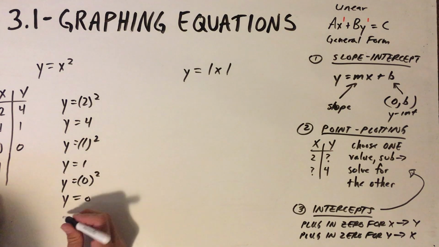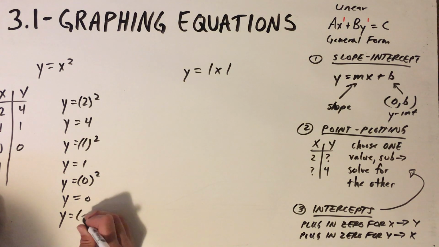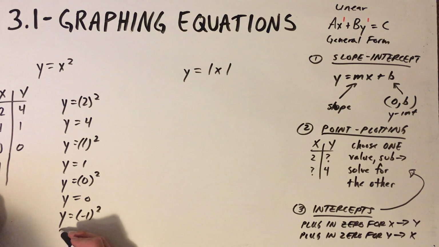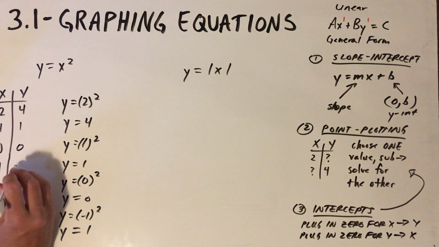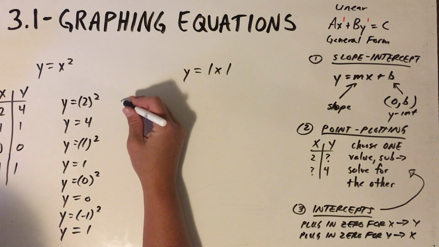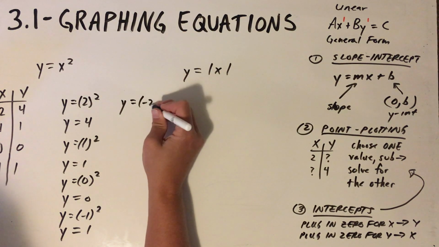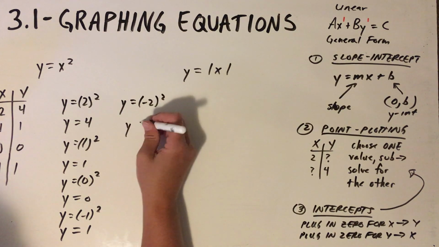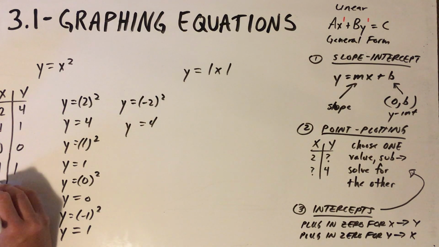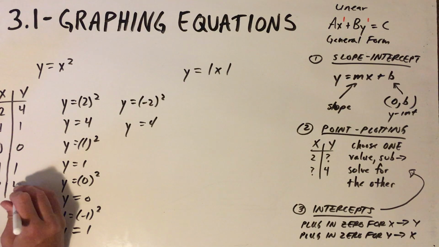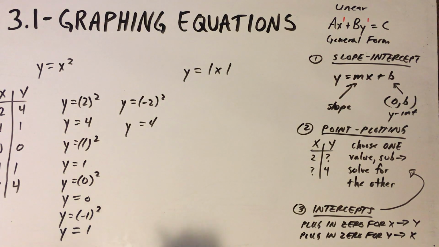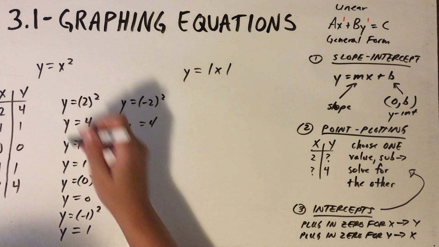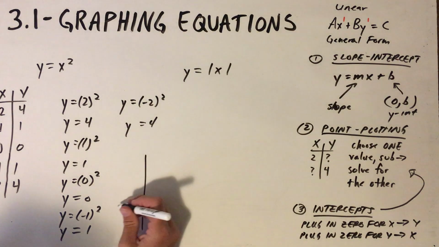Let's do -1. If I plug in -1 for x, then y is 1. And if I plug in -2 for x, then y is 4. Okay, and so here's all of that work for this x squared, and now let's plot these points.